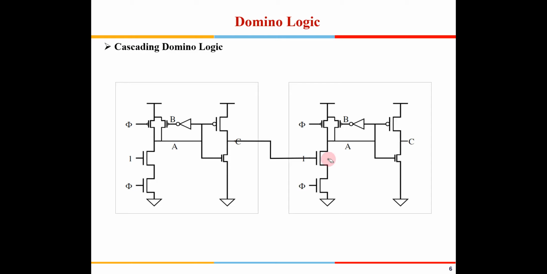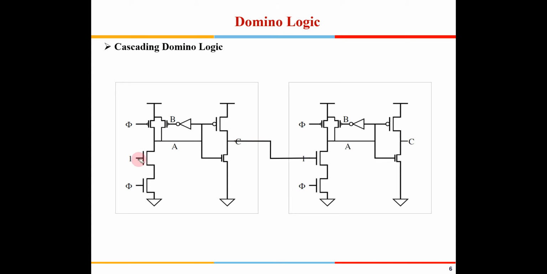So how is it not making an issue with the cascading? Now this node A will be pre-charged to 1 when the clock is low. Node C will be pre-charged to 0. It is not going to be pre-charged to 1.